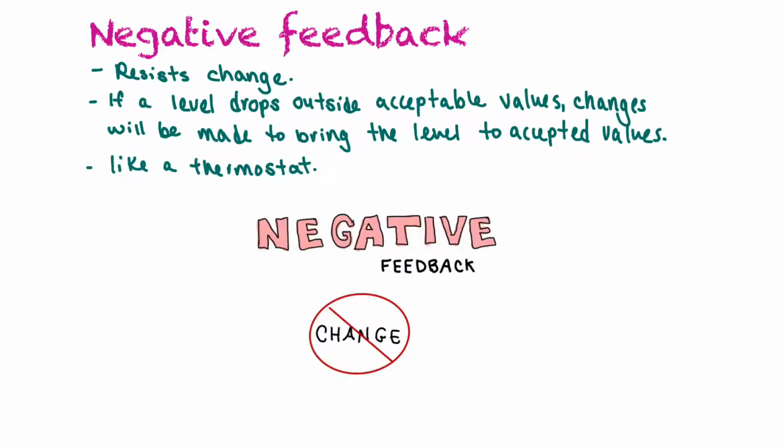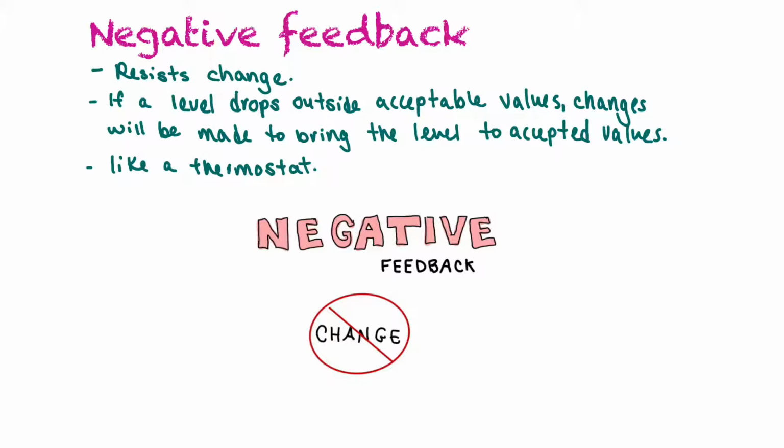Negative feedback loops resist change. So when a level drops outside the acceptable values, changes will be made to bring the level back to the accepted. And a negative feedback loop would be like a thermostat. If we have a thermostat on our house and it's set for 21 degrees Celsius, if the temperature goes higher than 21 degrees Celsius, then the air conditioning will come on to bring it back down.